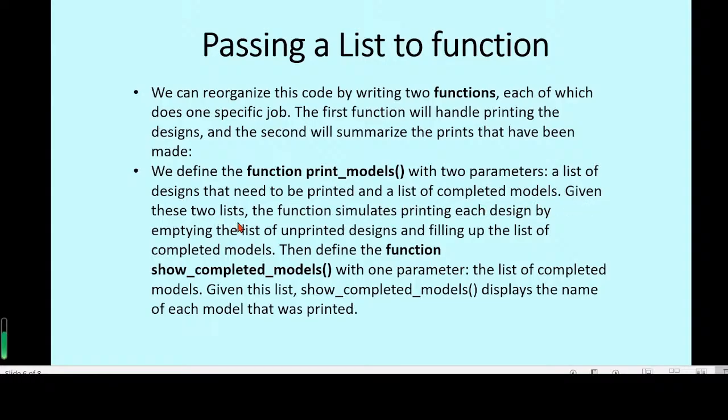Given these two lists, the function simulates printing each design by emptying the list of unprinted designs and filling up the list of completed models. Then we define a function called showCompleteModels with one parameter, the list of completed models. Given this list, showCompleteModels will display the name of each model that was printed.